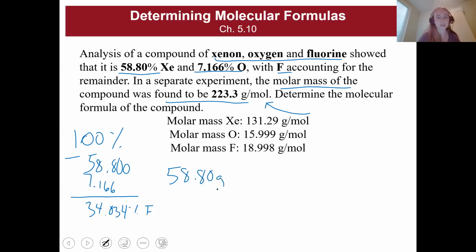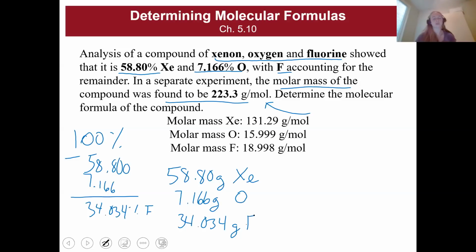So that means that we have 58.80 grams of xenon, 7.166 grams of oxygen, and 34.034 grams of fluorine. So now we want to find those mole ratios that I mentioned.